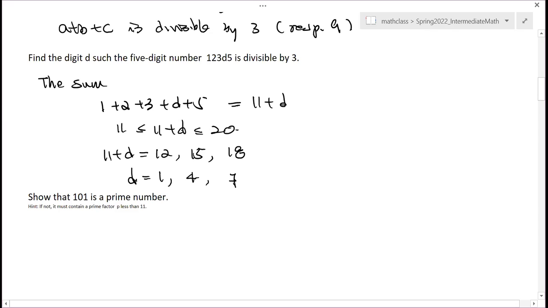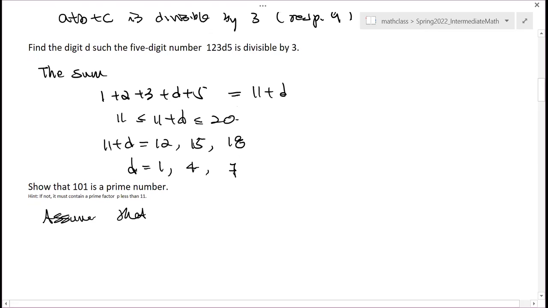All right, here's a proof. We needed to learn how to prove things in mathematics. So how do you prove something? This is the so-called method of proof by contradiction. You assume that this is not a prime number.